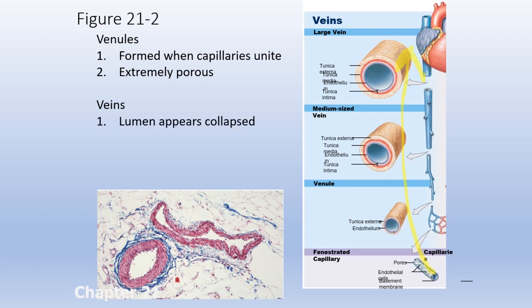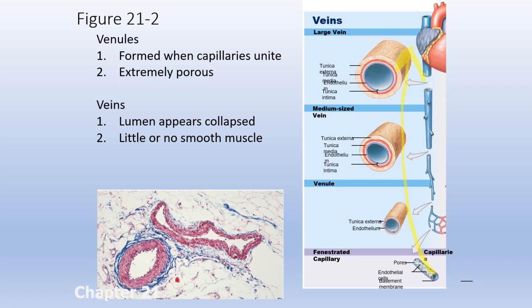Venules then come together to form veins. And your book says there are medium-sized and large veins. Other books make different separations between them. It's all veins. Remember, this picture on the right is not what veins appear as. They're not perfectly round. In histology, their lumen, or their open space, appears collapsed, as in the picture down below. They have not a lot of smooth muscle.